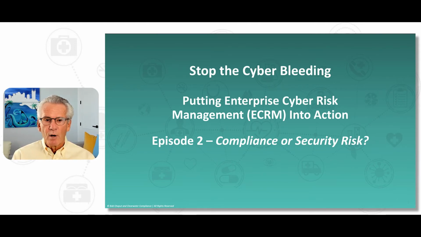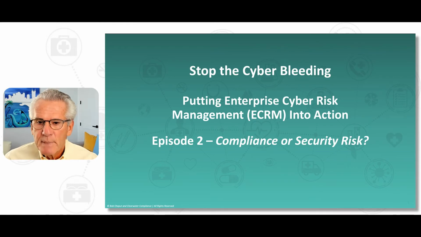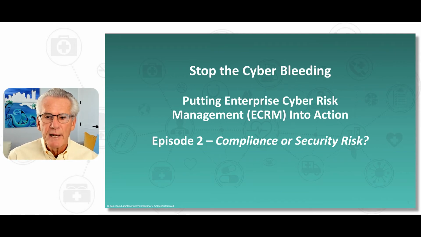And the requirements actually read, and allow me to read this: covered entities and business associates must do the following. 1, ensure the confidentiality, integrity, and availability of all electronic protected health information the covered entity or business associate creates, receives, maintains, or transmits.